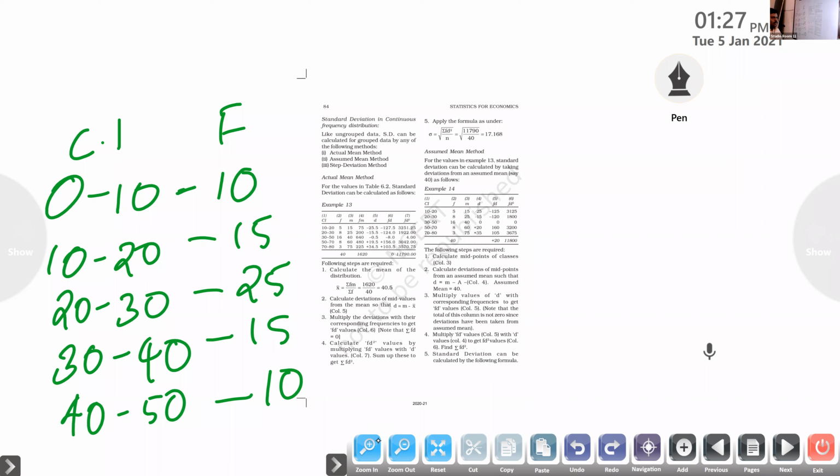The answers sent by different people for the mean are correct.